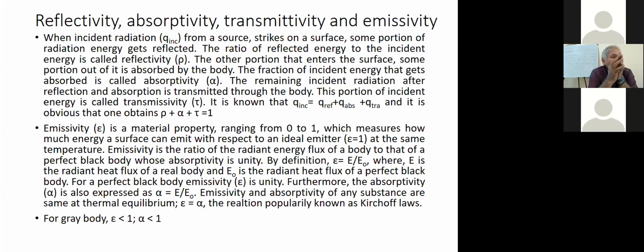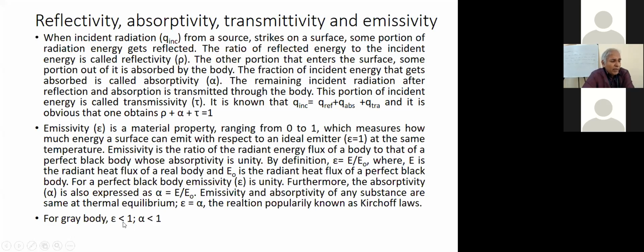So this is the concept, and then as I told you, we have Kirchhoff's law. Basically, since for a perfect black body emissivity is unity, the absorptivity can also be defined as E over E0, and at thermal equilibrium emissivity will be equal to absorptivity.